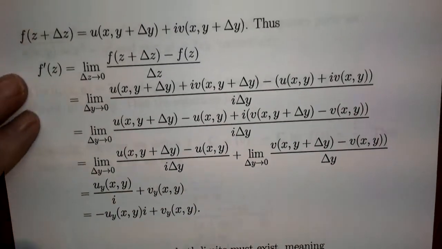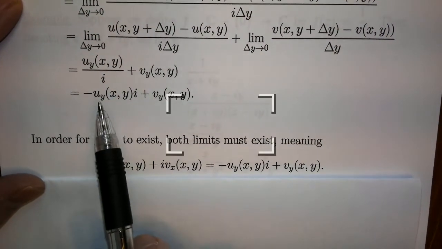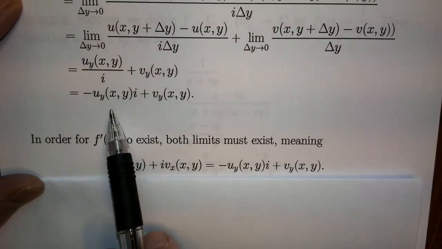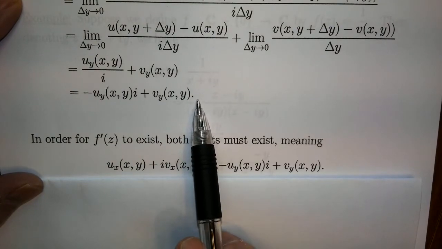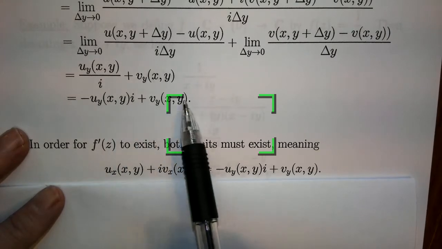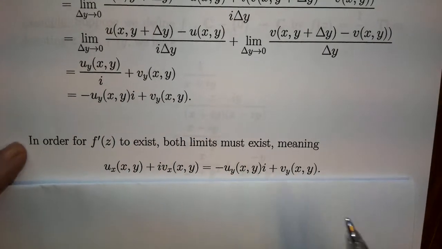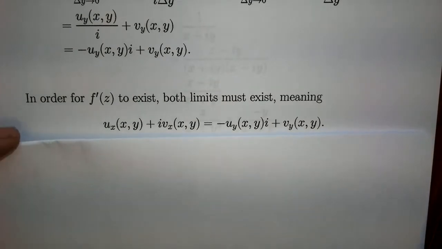On the other hand, we've also been able to show that f prime of z equals this expression, which involves partials with respect to y. So if we take this expression, put it over here, and use the expression from the previous page, we have that.